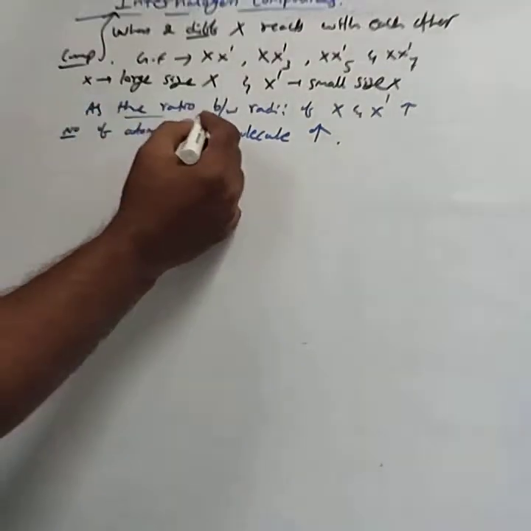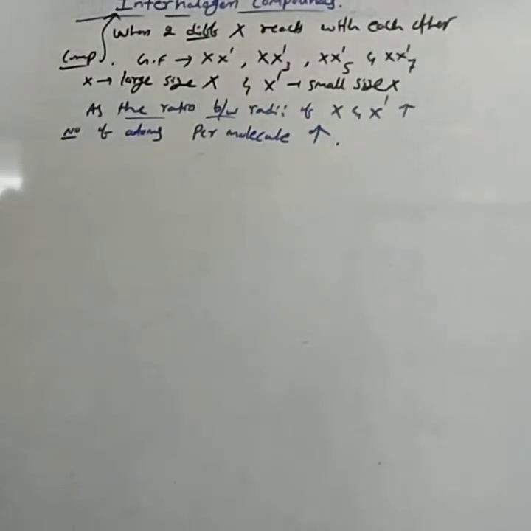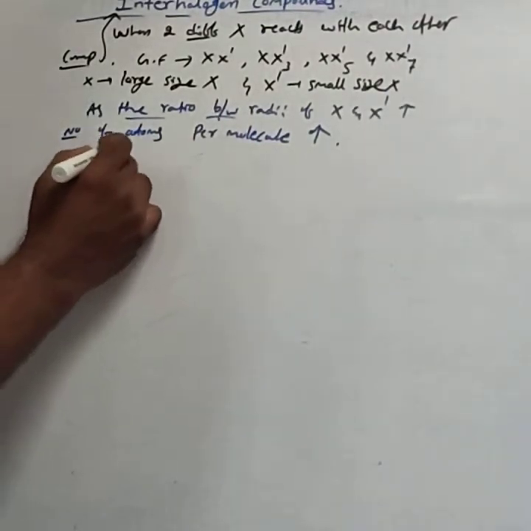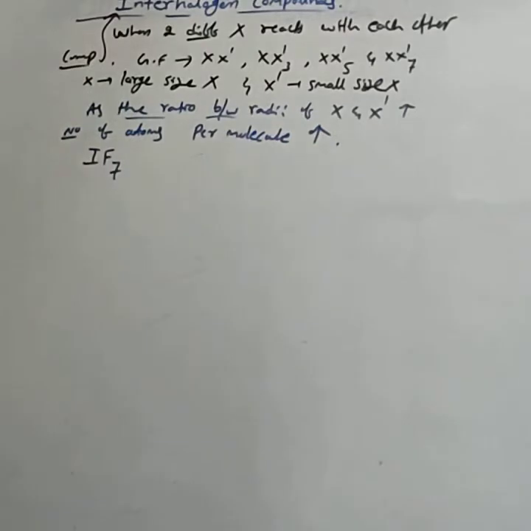That is, with an increase in the ratio between radii of X and X', the number of atoms per molecule also increases. For example, take IF7.